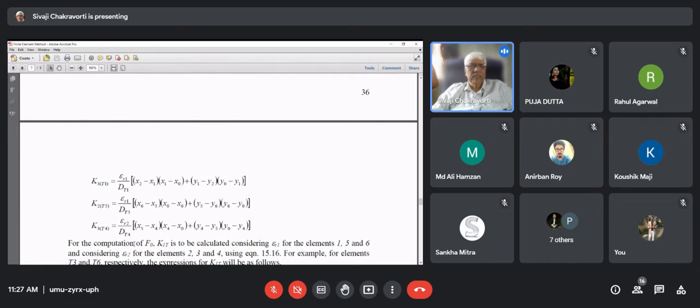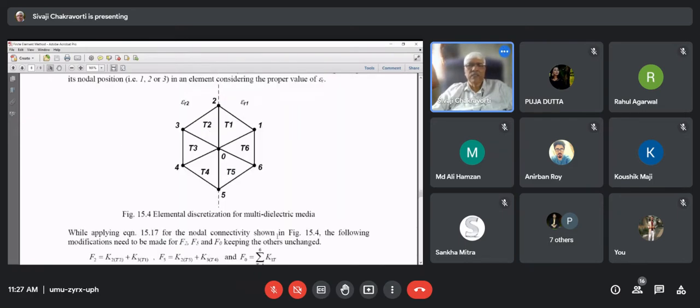In this way, we can write it for node 5 also. Node 5 belongs to T4 and T5. In T4, if you go anticlockwise, 0, 4, 5, it is the third node. In T5, it is 0, 5, 6 anticlockwise, so it is the second node.